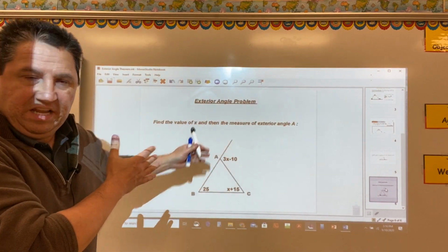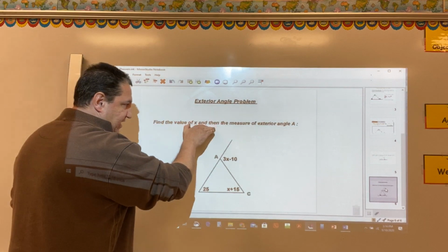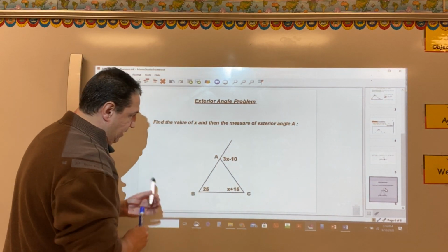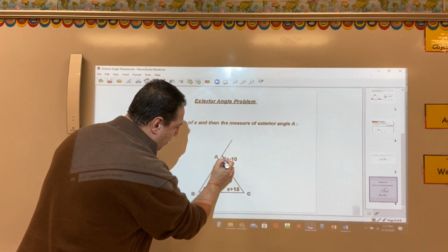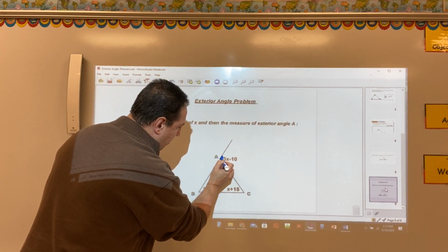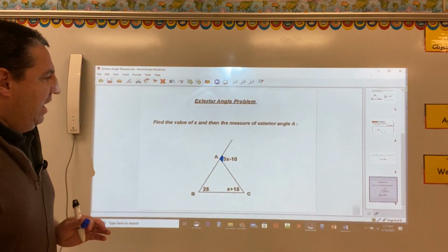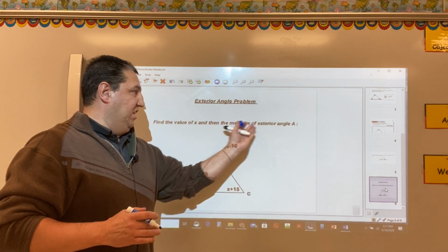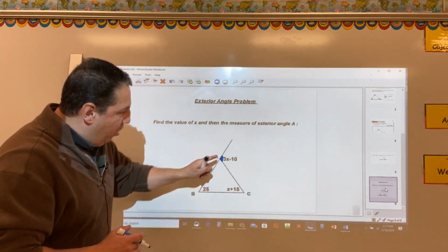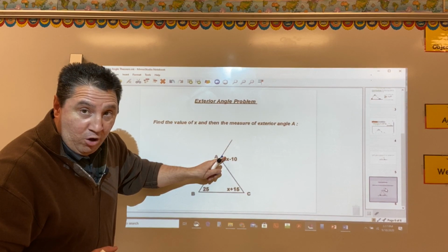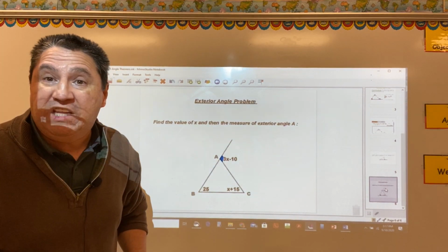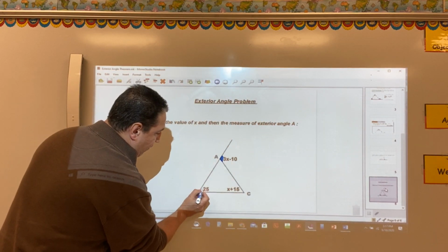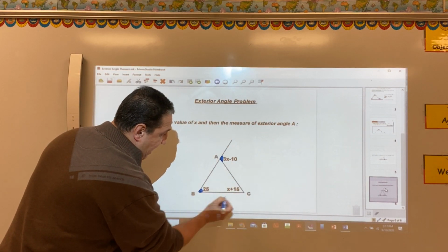And one more example. Again, we read the statement. Find the value of X and then the measure of exterior angle A, which is this one. Now, first identify the exterior angle. It is given, that angle. We know this angle equals the sum of the remote interior angles. And the remote interior angles are 25, this one, and this one.